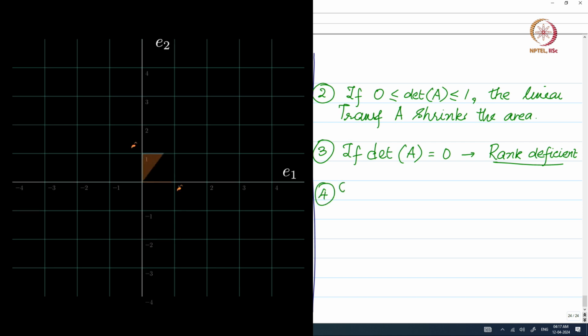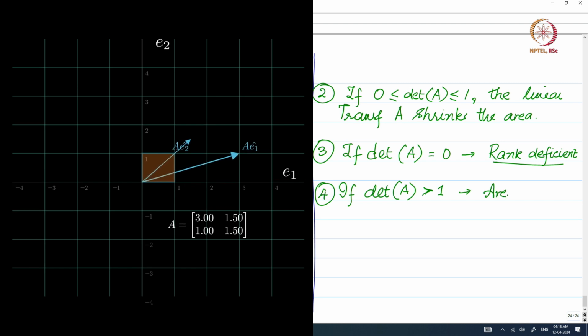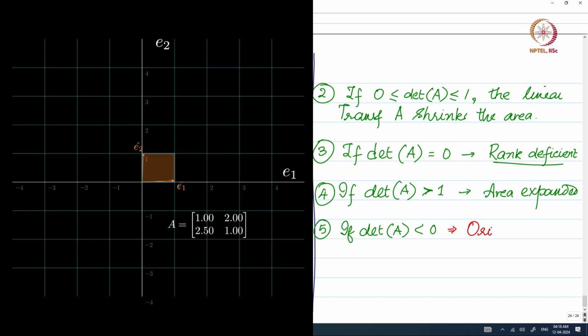And 4, if the determinant of A is greater than 1, then the area is expanded. And the most important thing, if the determinant of A is less than 0, this is the most important stuff, the orientation of objects changes.